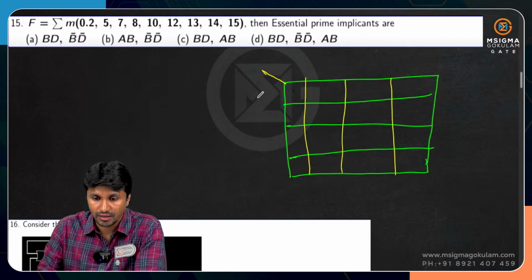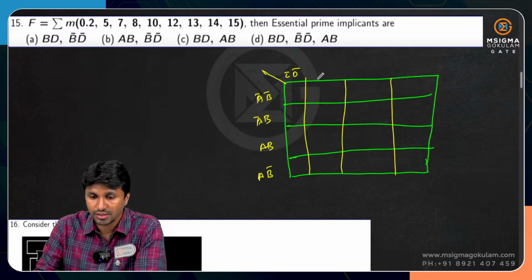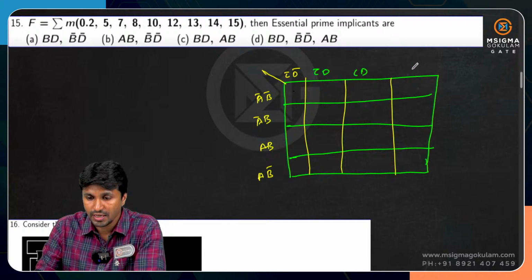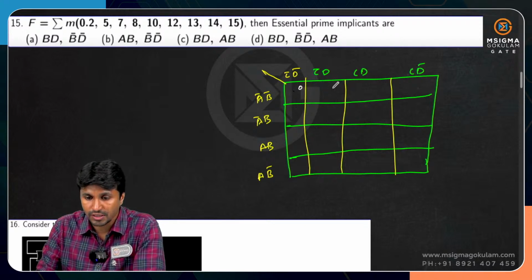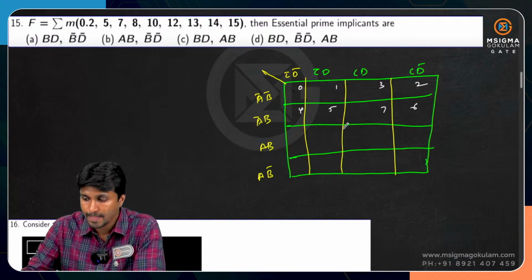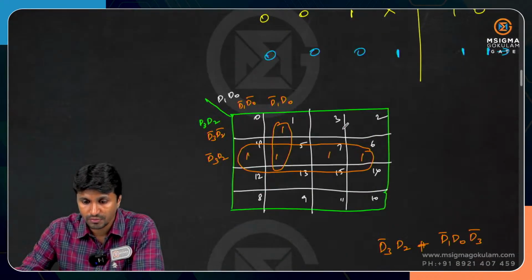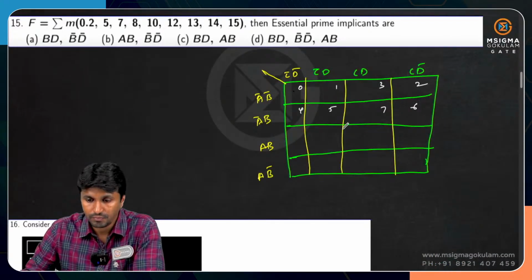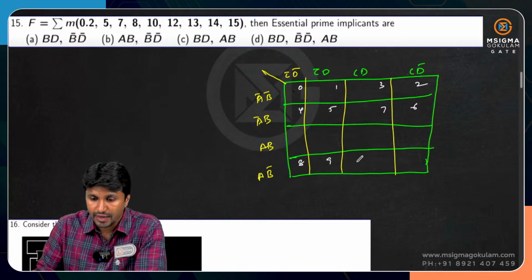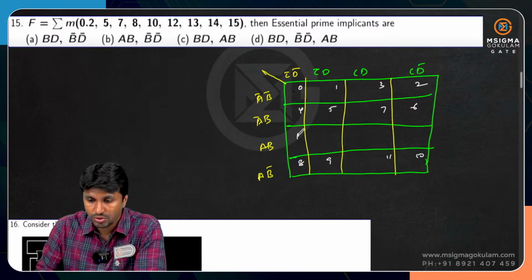This is A bar B bar, this is C bar D bar, this is A bar B, this is AB, this is AB bar. This is C bar D, this is CD and this is CD bar. The cells are 0, 1, 2, 3, 4, 5, 6, 7, 8, 9, 10, 11, 12, 13, 14 and 15.